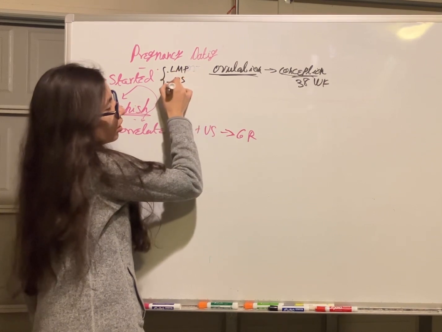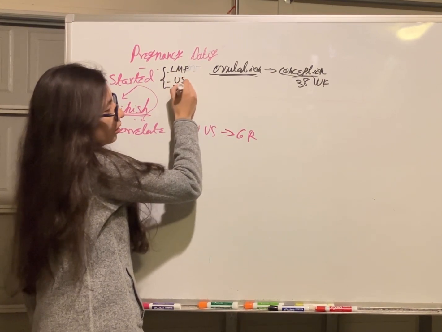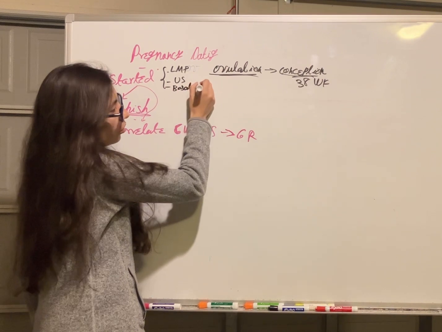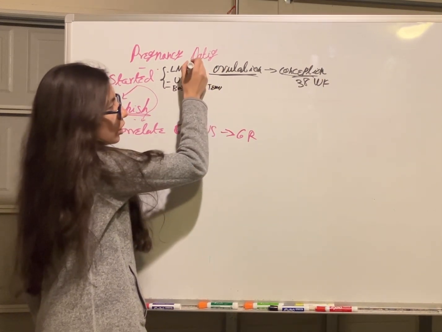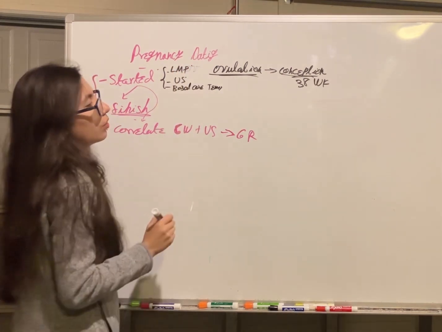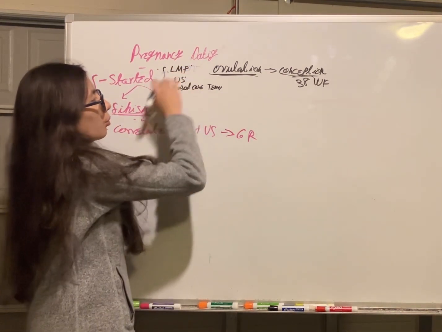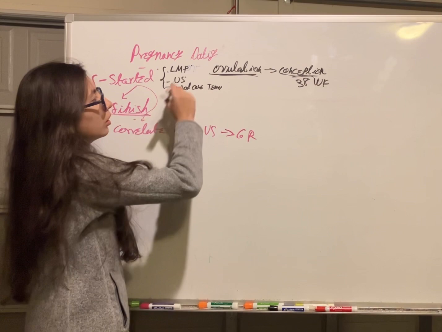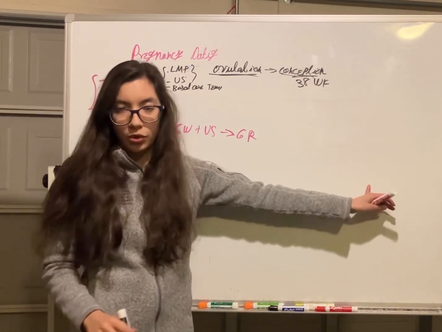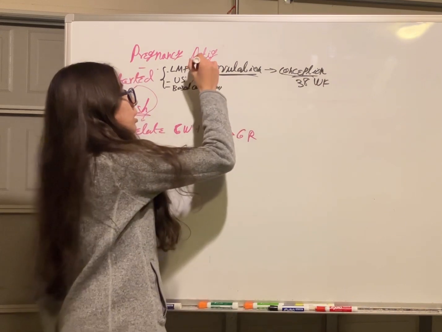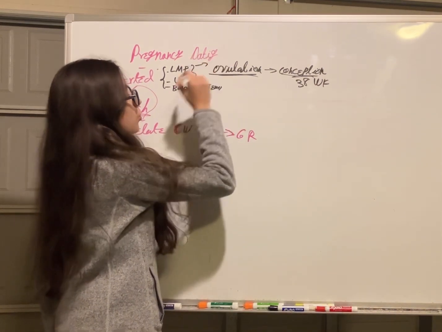Sometimes we can use basal body temperature, but most of the time we just use the last menstrual period and the ultrasound. So we have a woman. She doesn't know when the conception date was, but she knows the date of her last menstrual period.